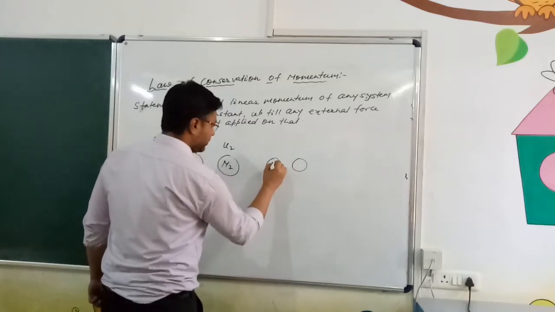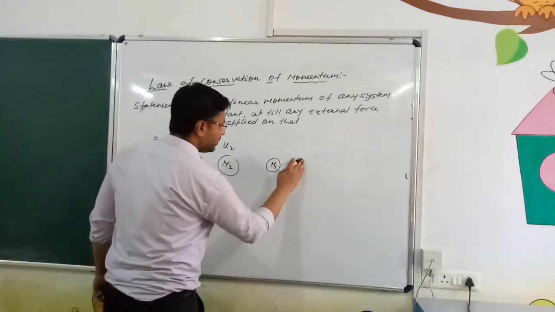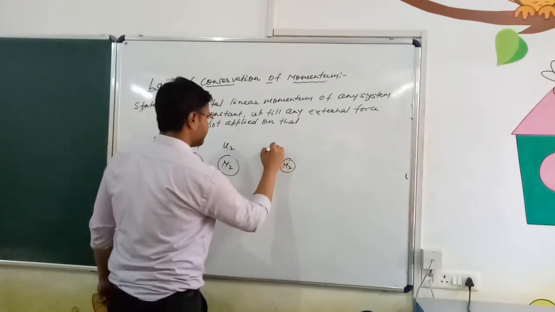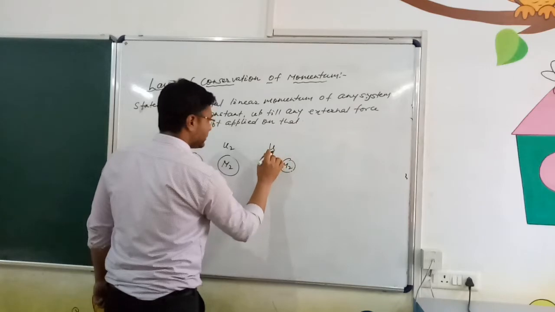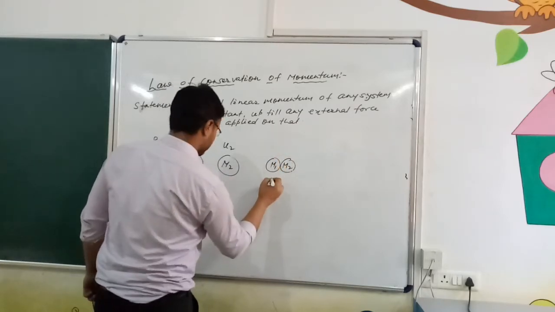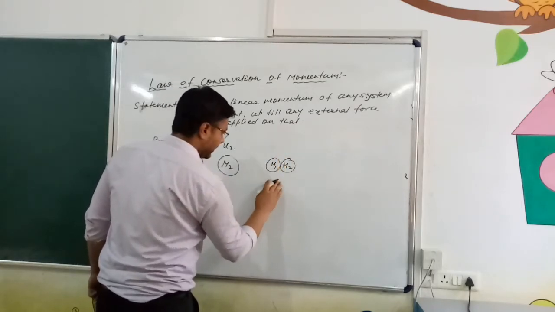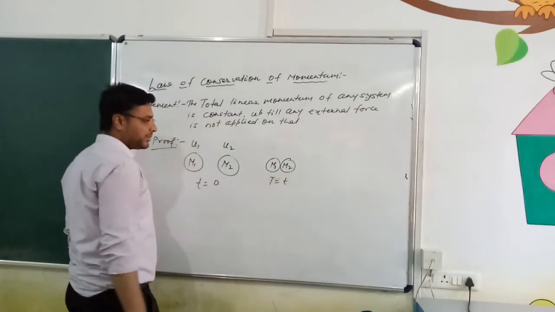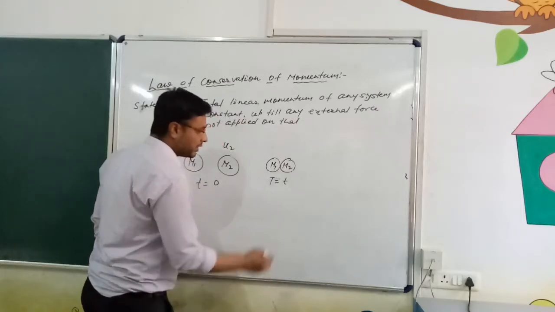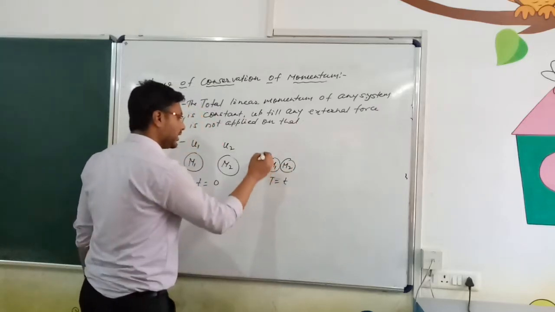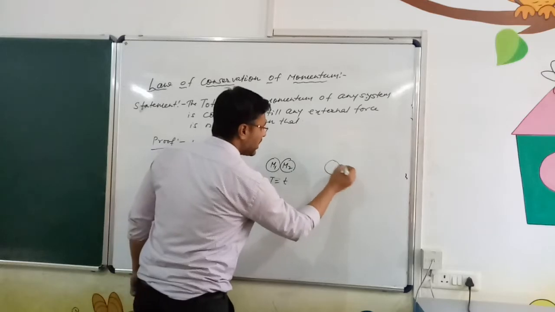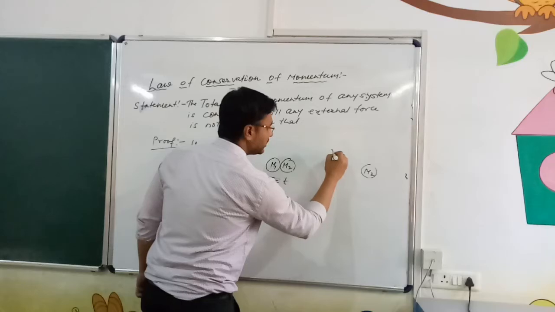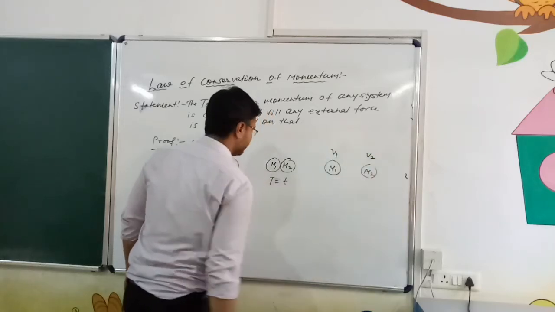After some time interval, the masses m1 and m2 collide. After the collision, both objects have velocities v1 and v2.